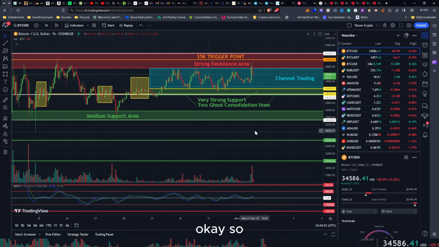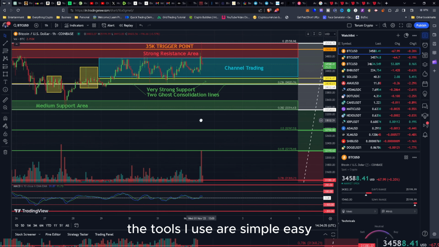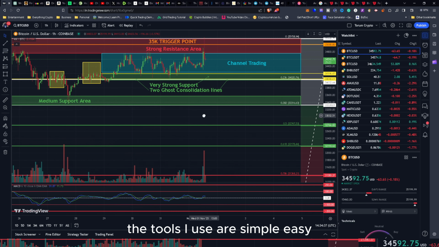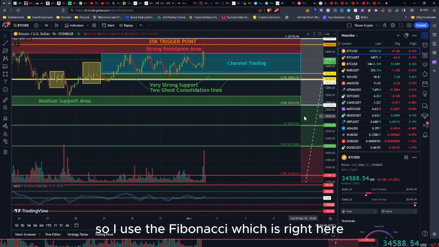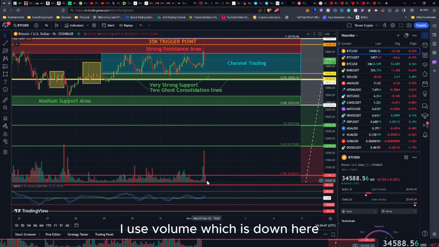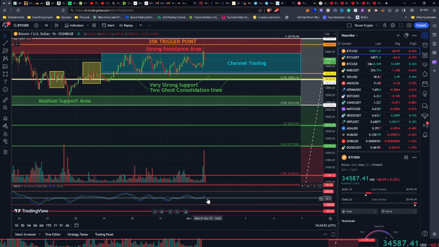Okay, so the tools I use are simple, easy. I keep it as simple as possible. So I use the Fibonacci, which is right here. I use volume, which is down here. I use the MACD, but not like other people use it.